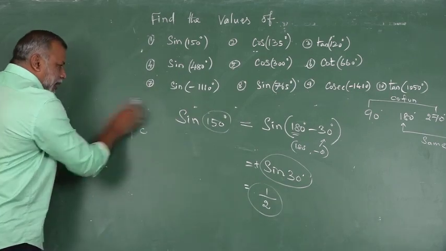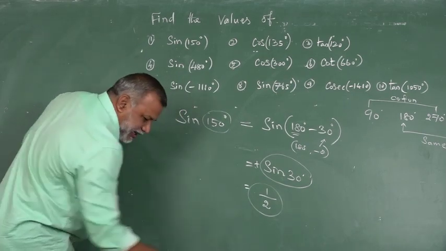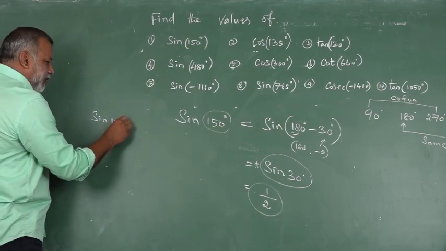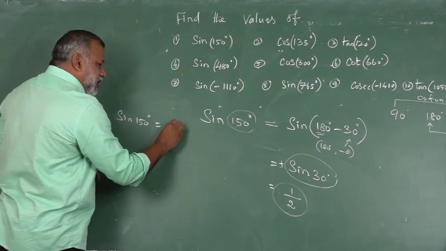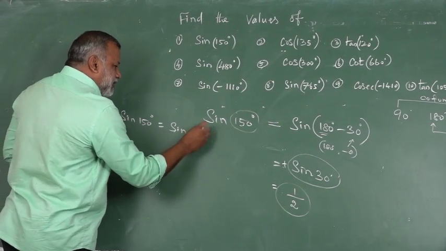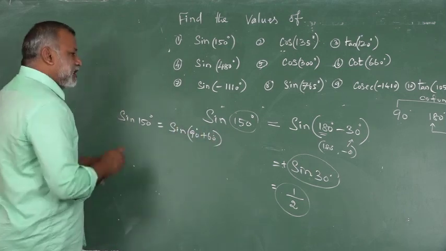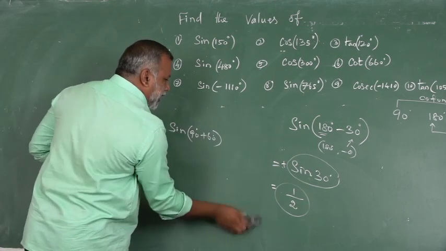Suppose a student thinks like this also. This 150 degree can be put in the form of sine of 90 plus 60. A student may split this 150 degree like this also.